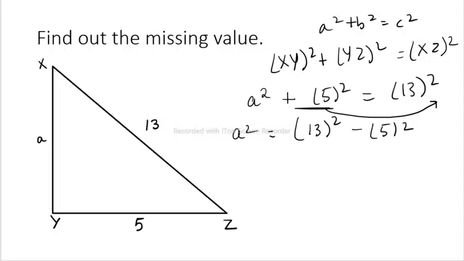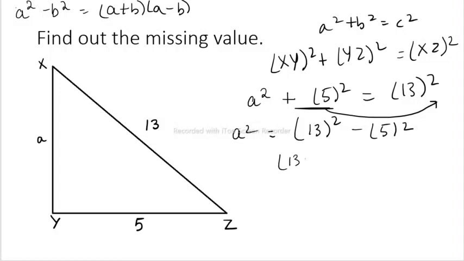Now if you don't know the square value of 13, if you don't know the square value of 5, and you don't want to multiply, then another very easy formula that we have, I think you know about this, so I'm writing it over here. If you have a square minus b square, then you can write this as (a plus b)(a minus b). You can use this identity.